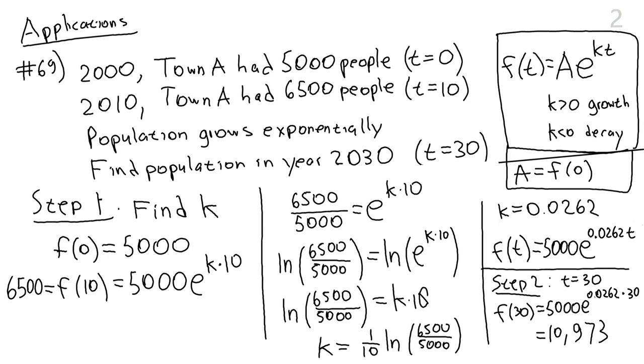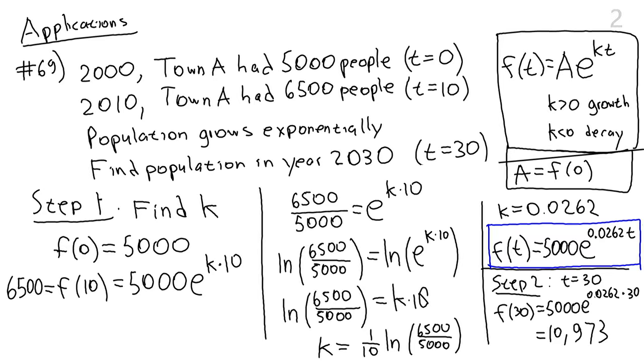So this is applications of exponential equations. In step 1, when you're solving something like this, you first find the formula that will model the population for time t. If you plug in any t value greater than 0, it's going to tell you what the population of town A was.